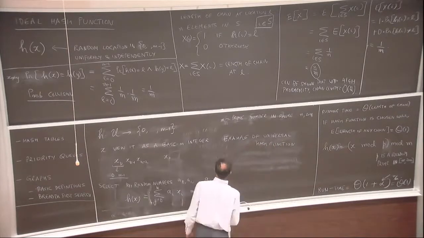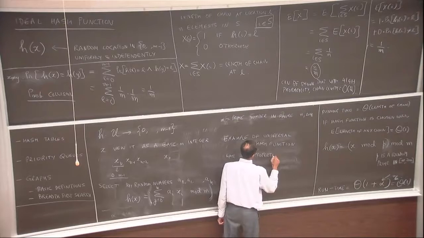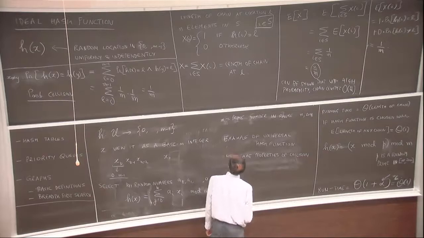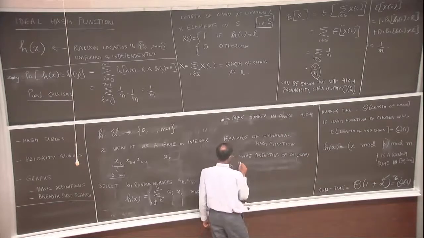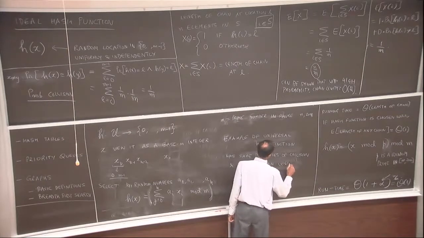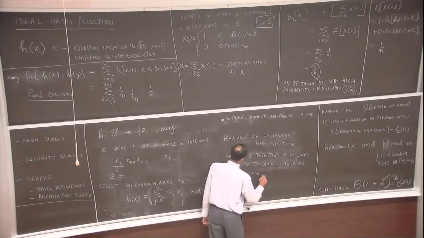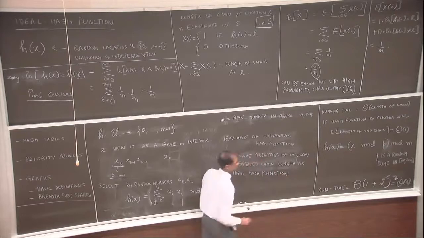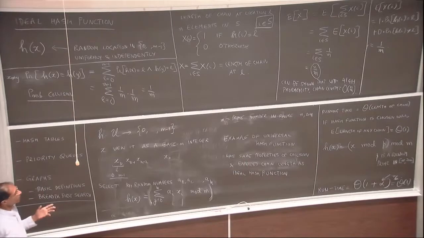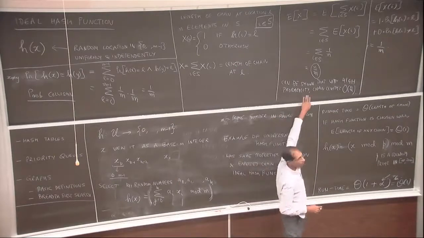It has the same properties of collision and expected chain length as the ideal hash function, and it has very similar properties in terms of this high probability bound that I mentioned.